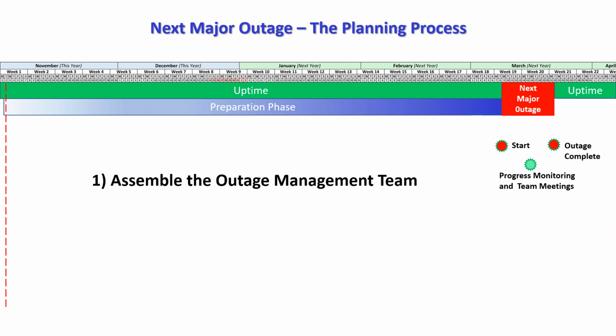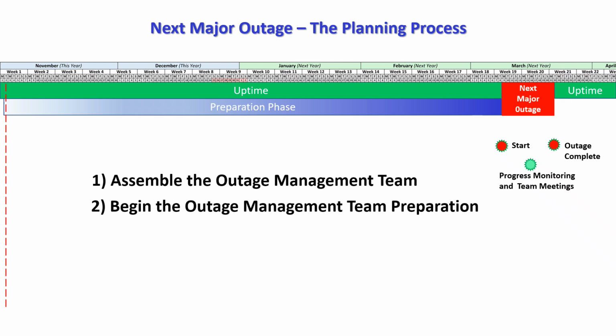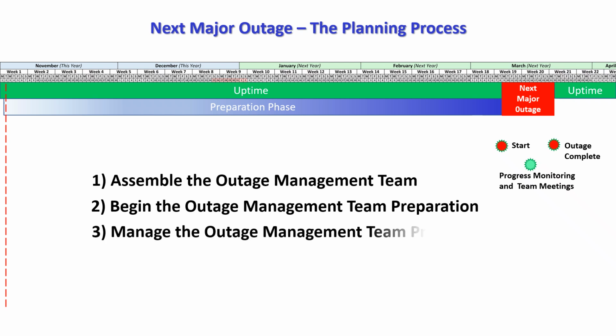This management team will be covered in greater detail in future lessons. The second thing we need to do is get them to begin the team preparation. And then finally, of course, we want to monitor progress of this team to ensure that everything comes up complete on time, ready to start the outage.